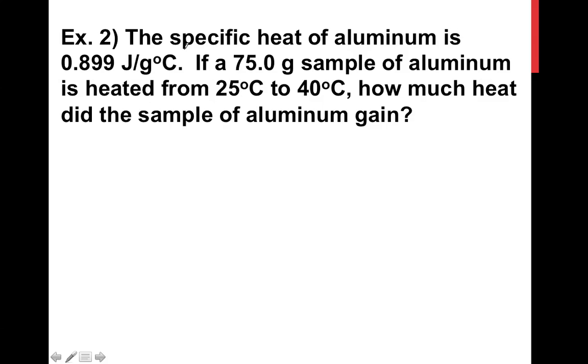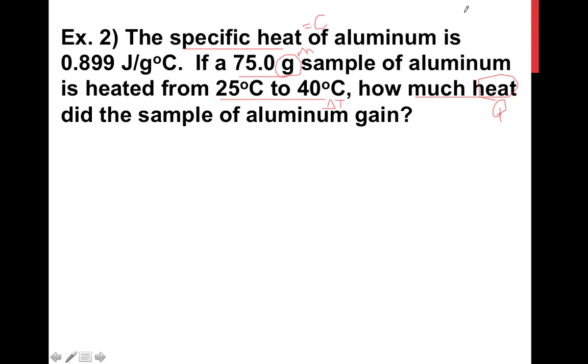They tell me specific heat, that's going to be C. Grams gives me mass, that's m. 25 to 40 sounds like a ΔT because I'm changing temperature. And they want me to figure out how much heat, and heat is Q.